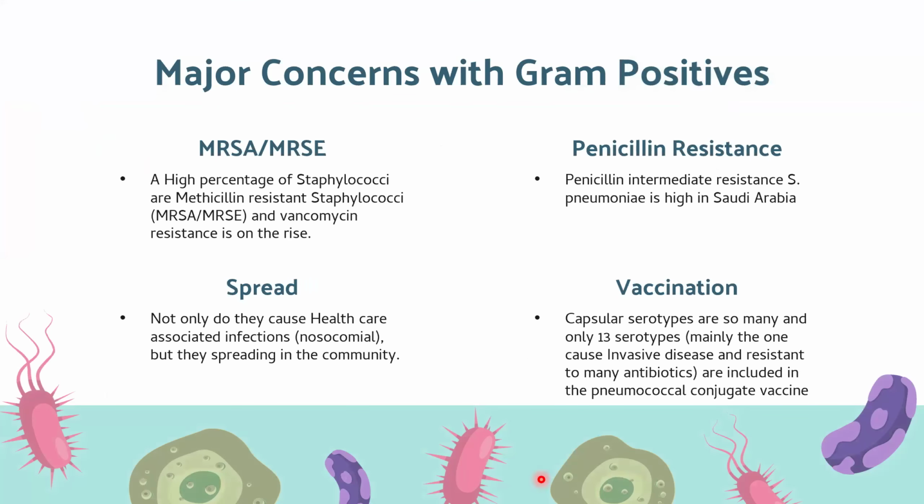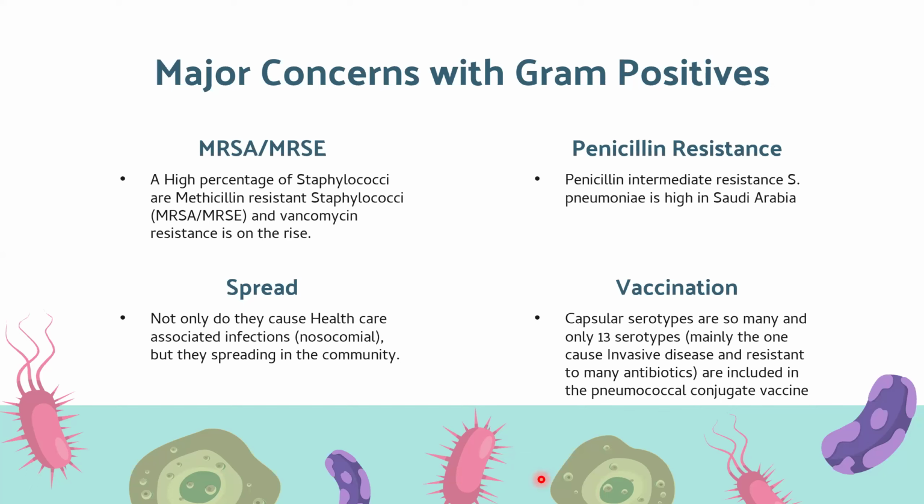This is our last slide before we move on to questions, which is the major concern with gram-positives and why they are such a big deal. Firstly, resistance. We have methicillin-resistant Staphylococcus, which is very, very prevalent and unfortunately on the rise. I told you guys that this is also extending to include vancomycin resistance.